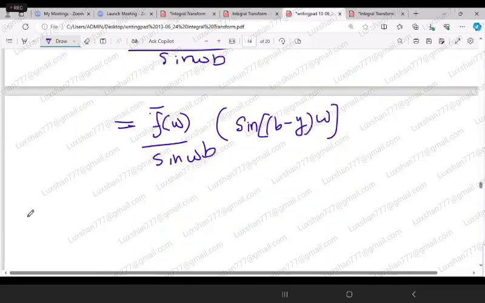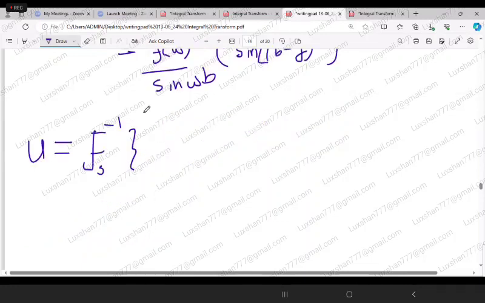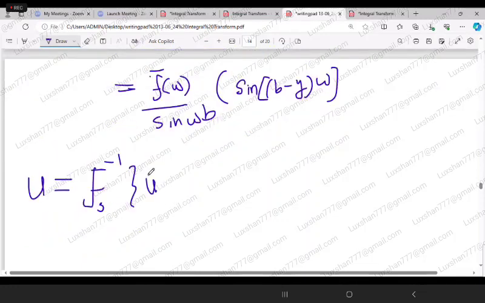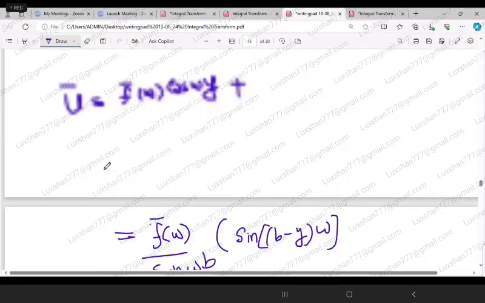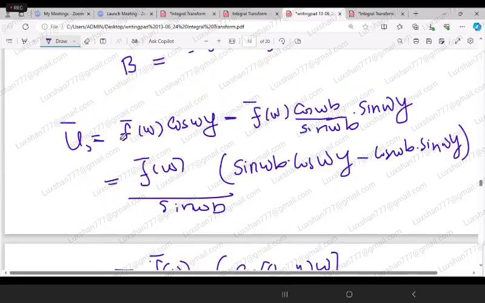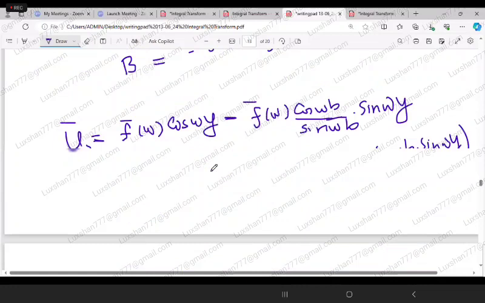Therefore, now to find u, we want to take the inverse Fourier transform of u bar s. Actually, everything is u bar s.